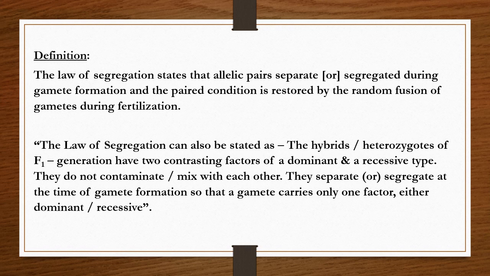Please try to represent the monohybrid cross flow chart, that is capital T, small t, and the hybrid or F1 generation. You need to represent all that on paper. Then you can clearly understand this concept.